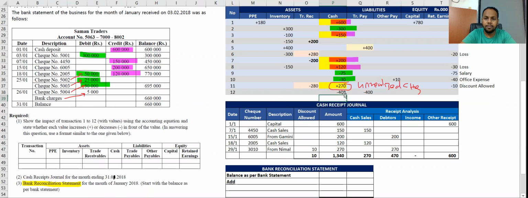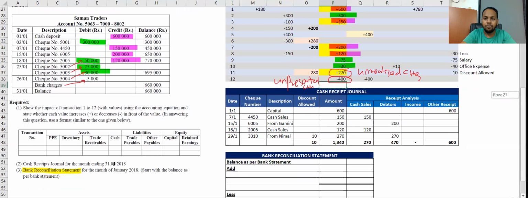And this 400,000 is not recorded, not entered in the bank statement. So it is a check which is given to the creditor but not presented to the bank. So we call it an unpresented check.